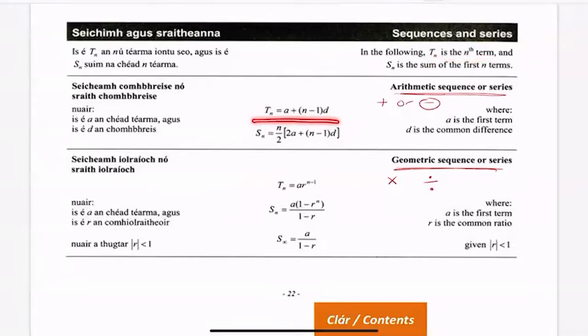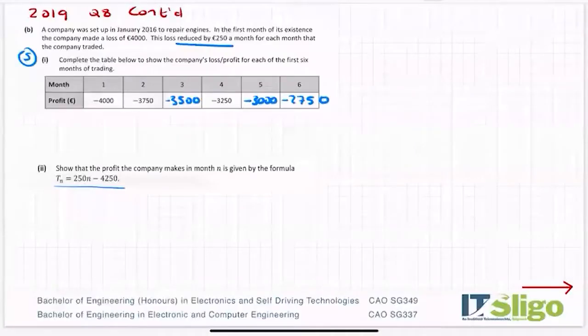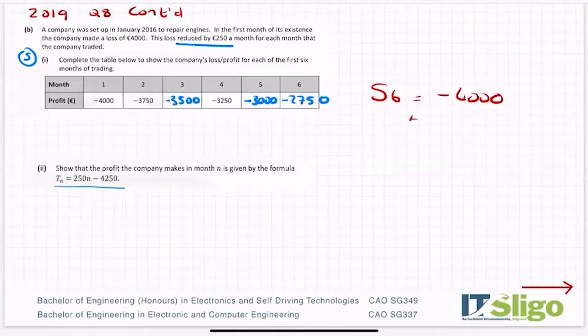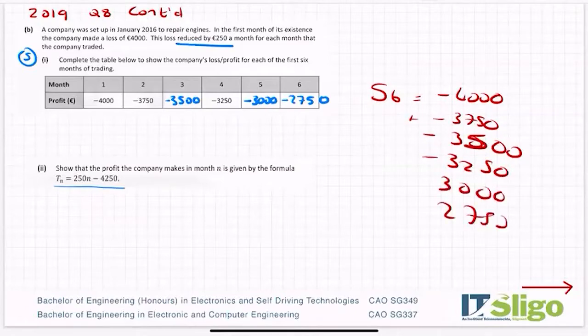There's another formula, which is called the Sn formula, and that's the sum of the first n terms. What do I mean by that? Well, if I asked you what was S6, the sum of the first 6 terms, it's minus 4,000 plus minus 3750, plus minus 3500, minus 3250, minus 3,000, minus 2750.